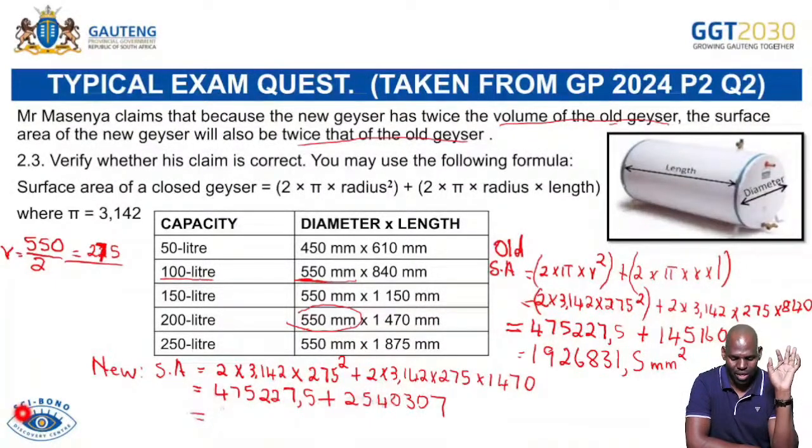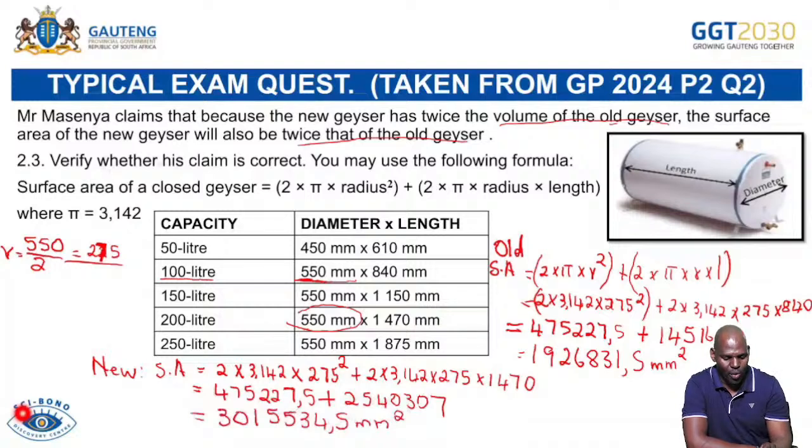We calculated the surface area of the old Giza, and we have also calculated the surface area of the new Giza. Verify whether his claim is correct. What is he saying? He's saying the new Giza has twice the volume of the old Giza. That is the information.